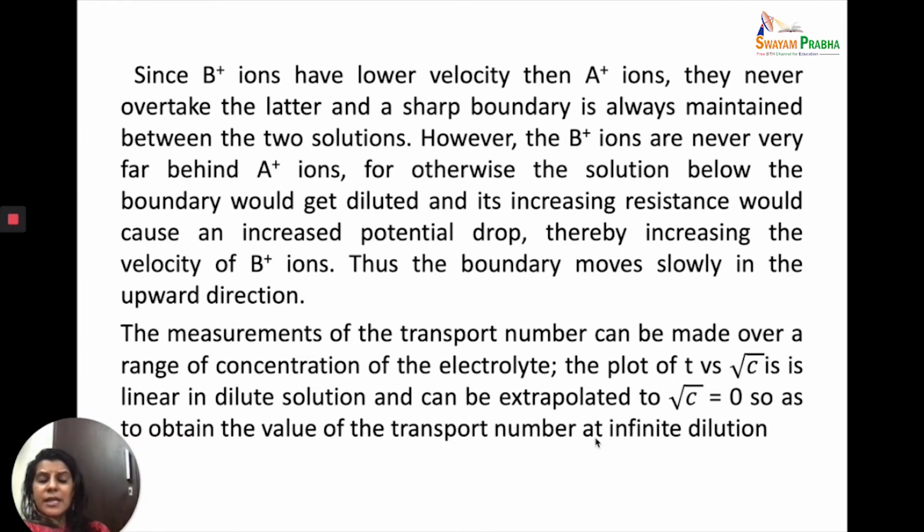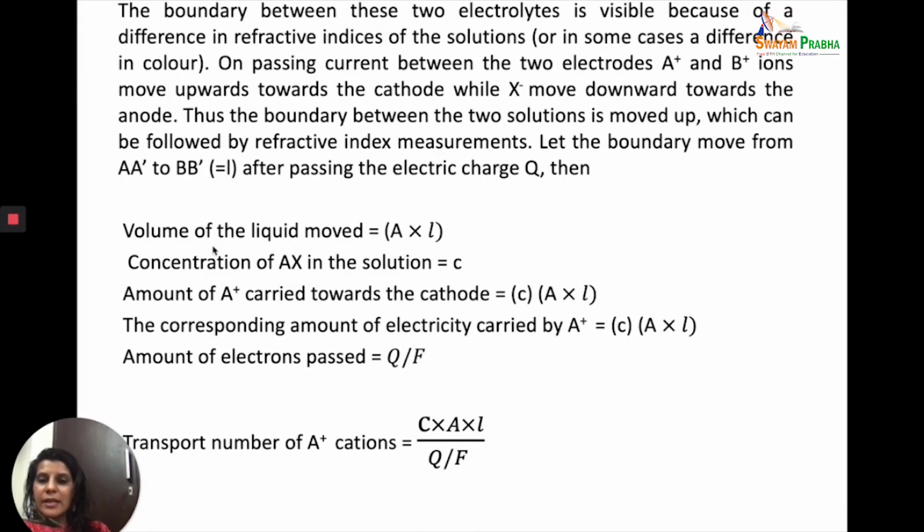Let's say it moves up by a distance L. The concentration of the solution was C and the area of cross section of that vertical tube was A. Then you can get the amount of A plus carried towards the cathode, which will be equal to C into A into L. If you passed a charge equal to Q by F, then the transport number will be equal to C into A into L upon Q by F.